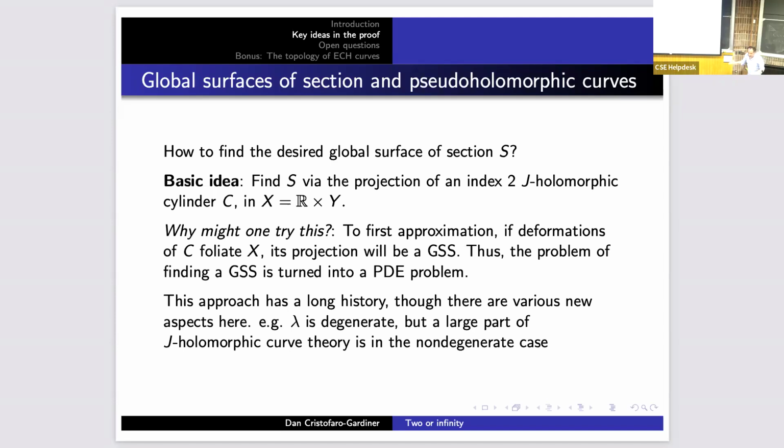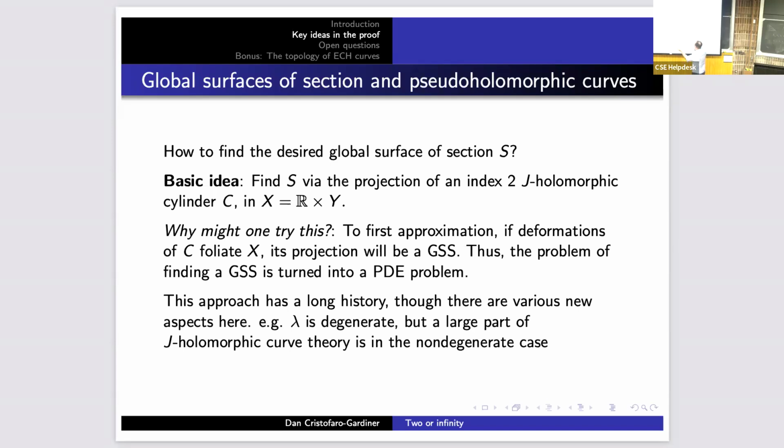I'll take questions about that because this is a very important idea. It has a very long history and goes back to HWZ themselves, but there are a lot of new aspects here. The main point is that here the contact form is degenerate, but a large part of the J-holomorphic curve theory comes in the non-degenerate case. You have different Floer theories; later, we're going to use embedded contact homology.